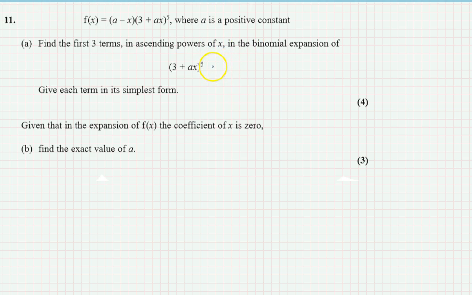Question number 11 is f(x) is equal to (a minus x) times (3 plus ax) to the power 5, where a is a positive constant. Find the first 3 terms in the ascending power of x. The binomial expansion of (3 plus ax) to the power 5.